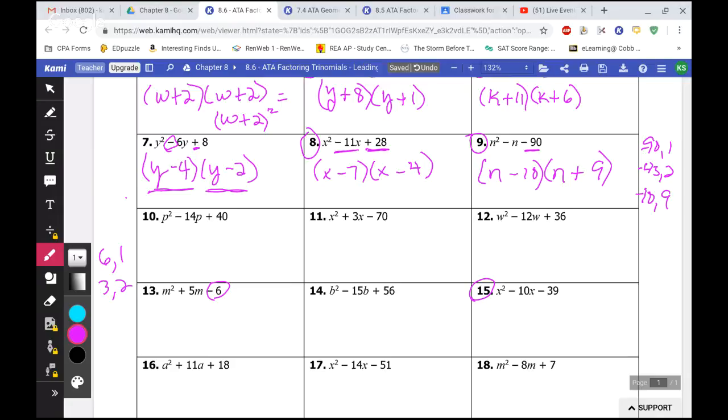And with this being negative here and this positive here, you know the bigger of the two has to be positive. So if this is a +6 and this is a -1, hold on just one second.